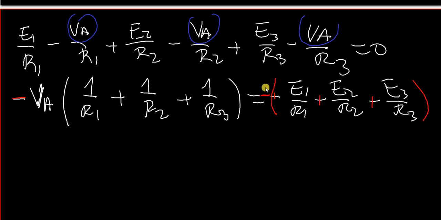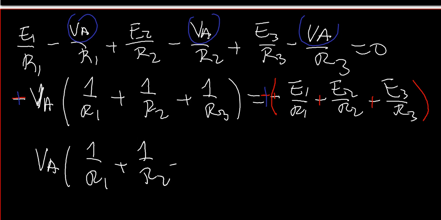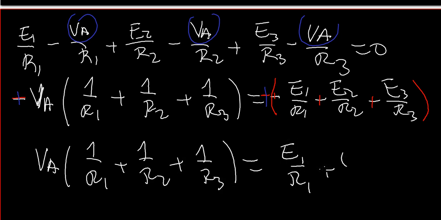You can cancel this term by this other one. Then there will remain VA bracket 1 on R1 plus 1 on R2 plus 1 on R3 will be equal to E1 on R1 plus E2 on R2 plus E3 on R3.